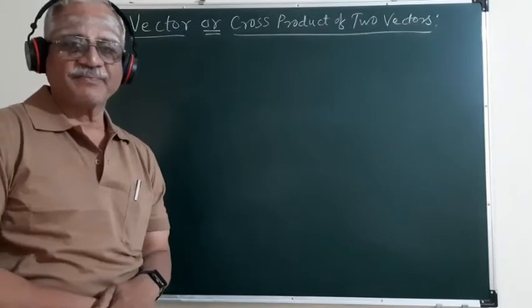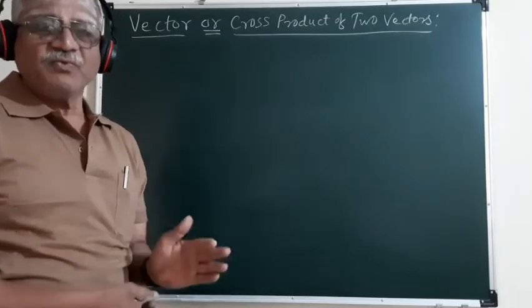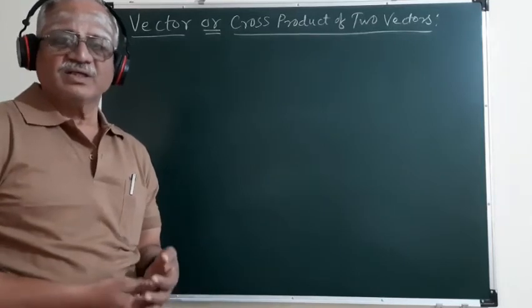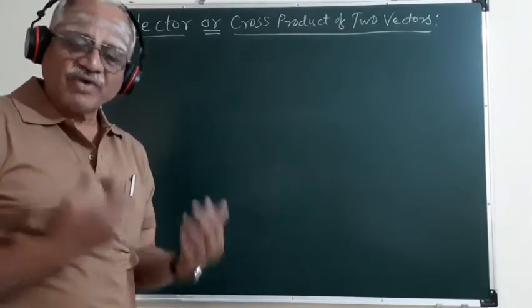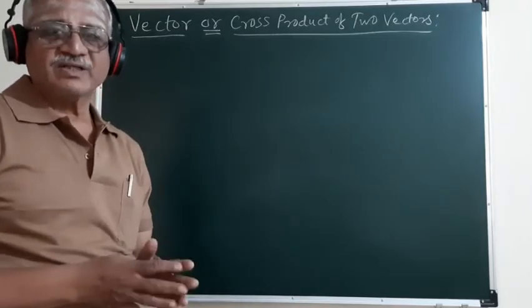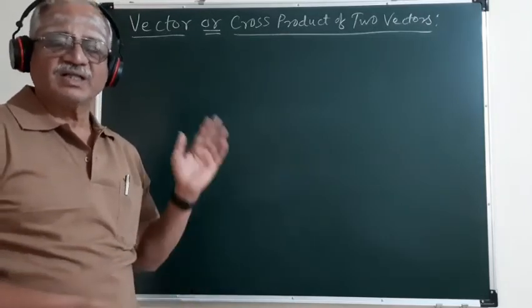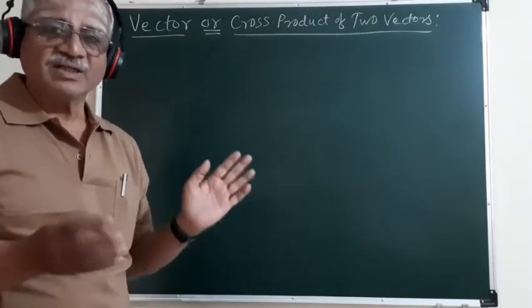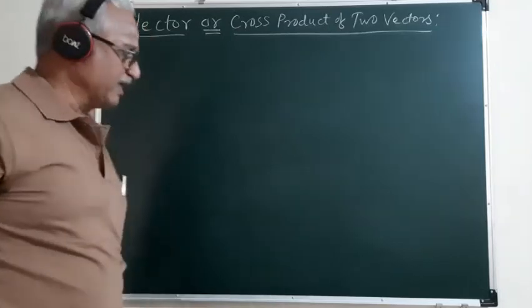But if the result yields a vector quantity, such a product is called the vector product, or the cross product of two vectors.